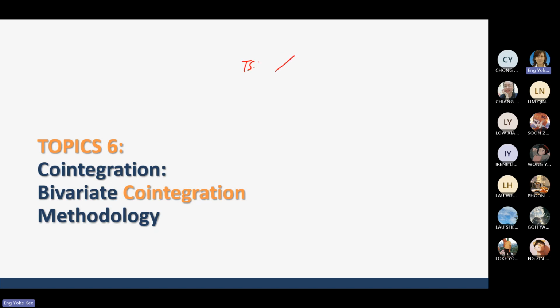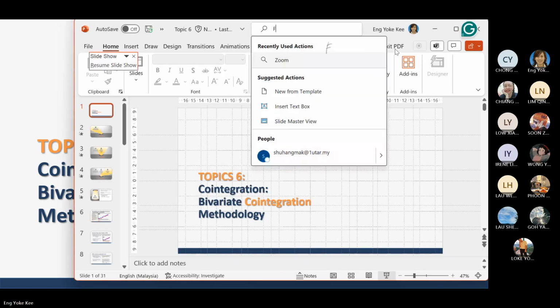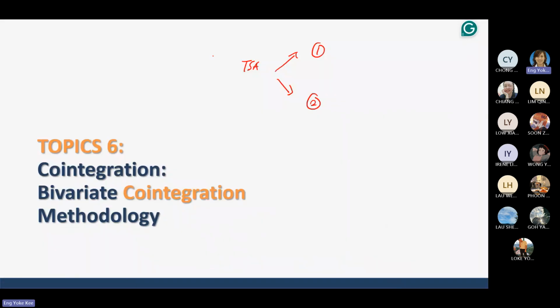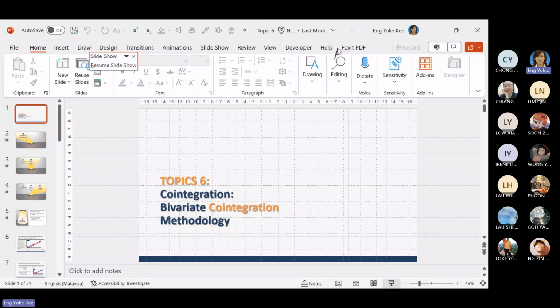So remember TSA, basically we look at 2 branches. Firstly, more on forecasting.